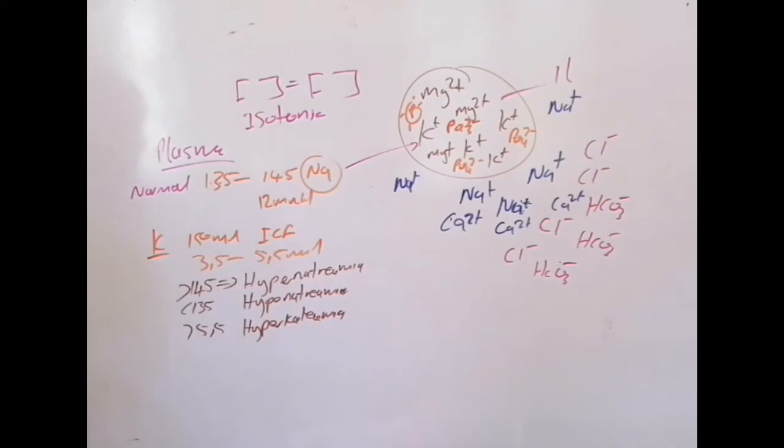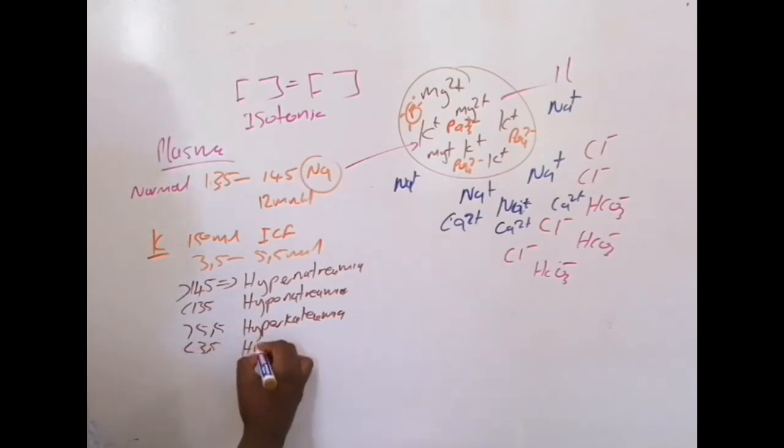I explained it very nicely there: what causes the shift of potassium, how you diagnose it, ECG changes, how you shift potassium, and all of that. And also, if it's less than 3.5, that's called hypokalemia.